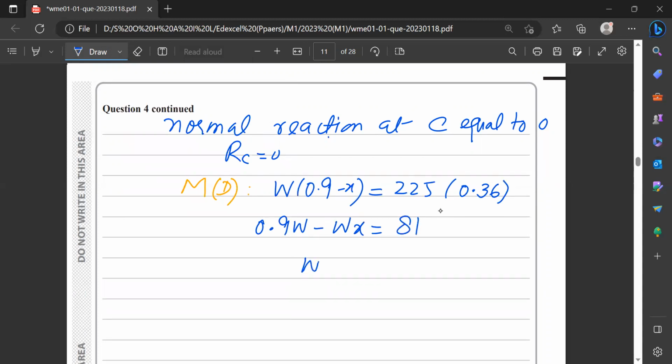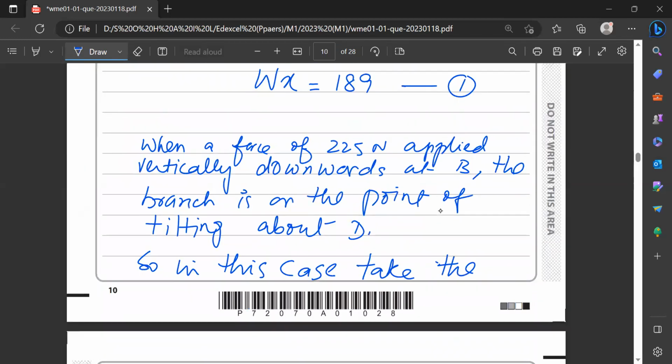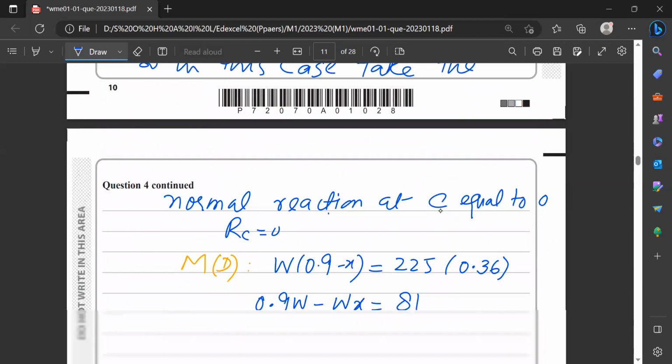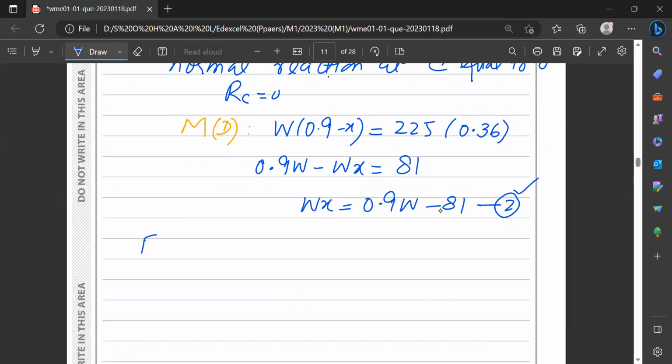So Wx is equal to 0.9 W minus 81. This is number 2. So there are two equations. We have Wx here, and we have Wx again here. So solving 1 and 2, from 1 and 2 it is the value of Wx.